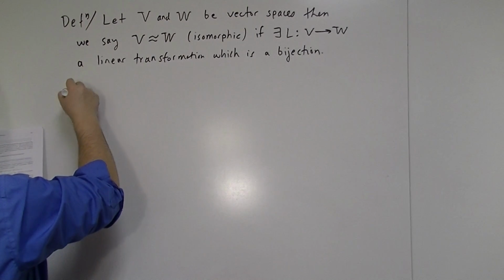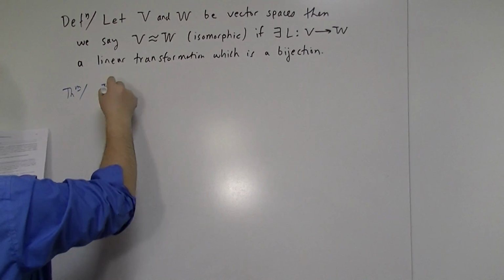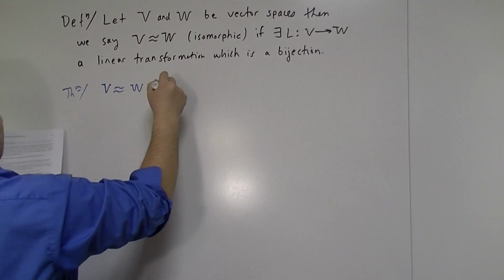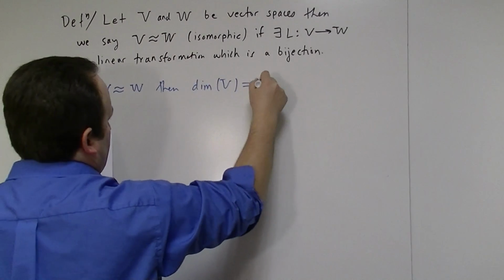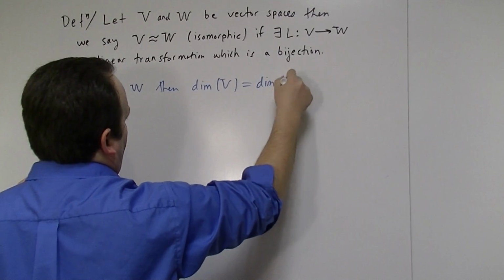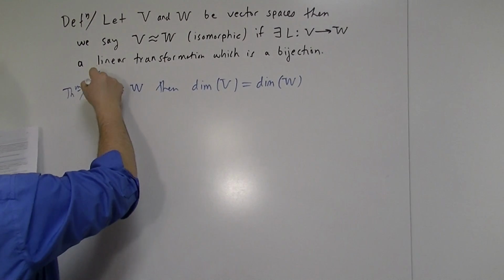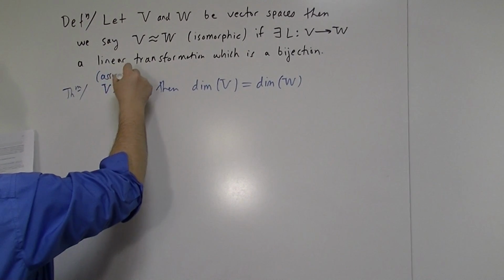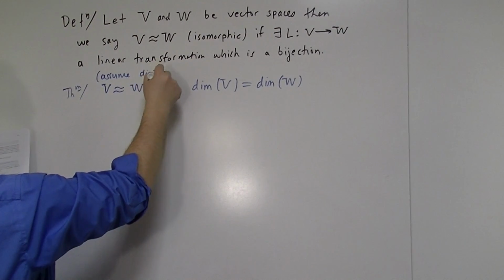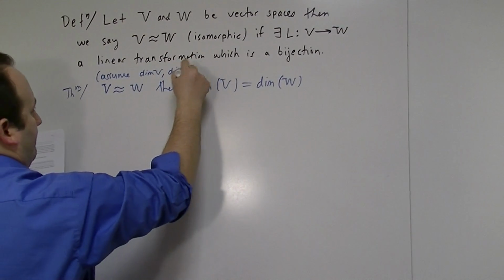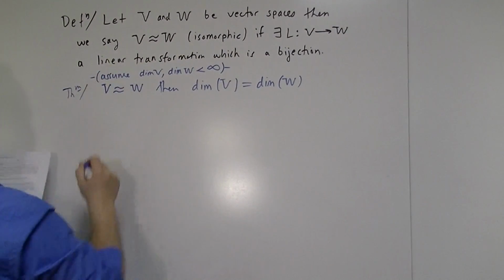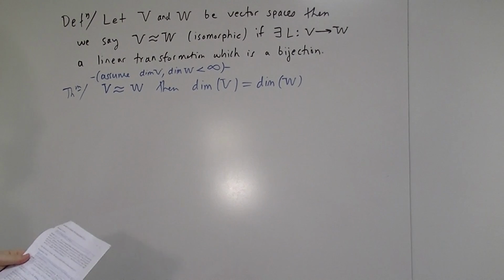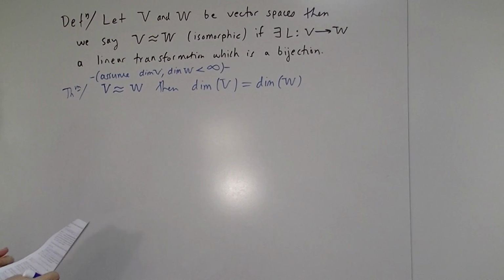Theorem: if V is isomorphic to W, then the dimension of V equals the dimension of W. I suppose as a precondition here, I'm assuming that the dimension of V and the dimension of W is less than infinity. I suppose it probably suffices to assume one of those things because you can't have a bijection between an infinite dimensional space and a finite dimensional space anyway.